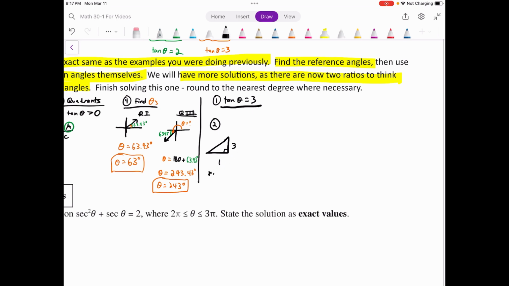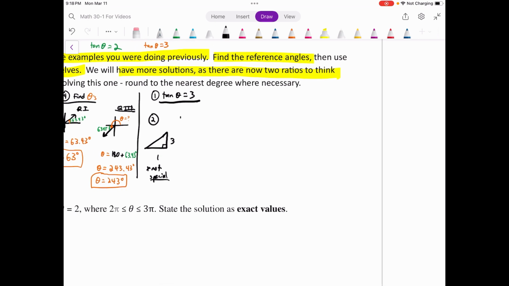That's okay. We can just use inverse tan again, okay? So let's just use inverse tan to get our reference angle, theta r. Tan of this reference angle, and I know we don't have a negative here, but just a reminder, if this was equal to negative 3, we wouldn't include that.